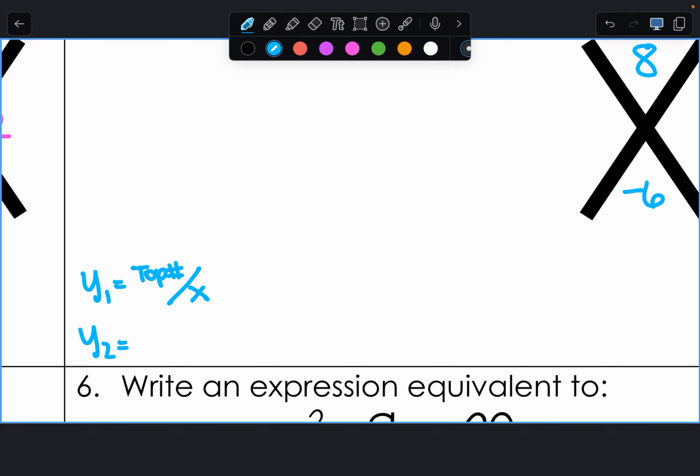And in y2, you're going to type in x plus y1. To get that y1, you have to press alpha trace, enter.